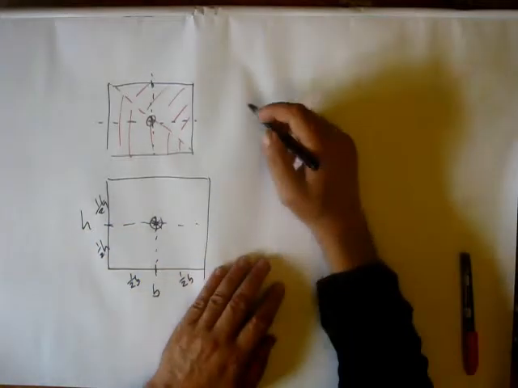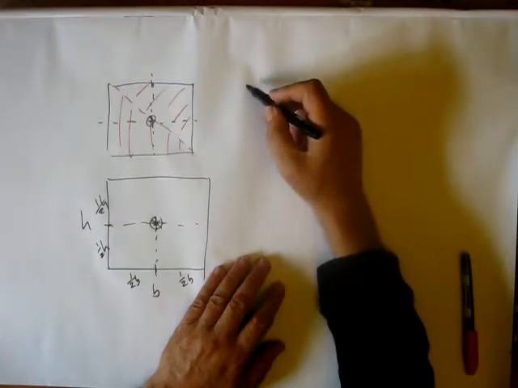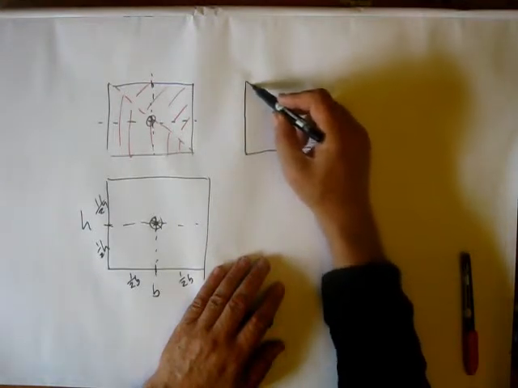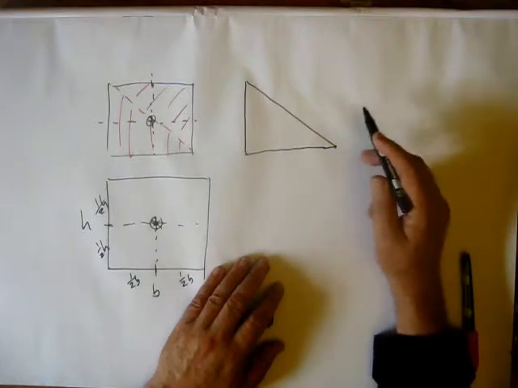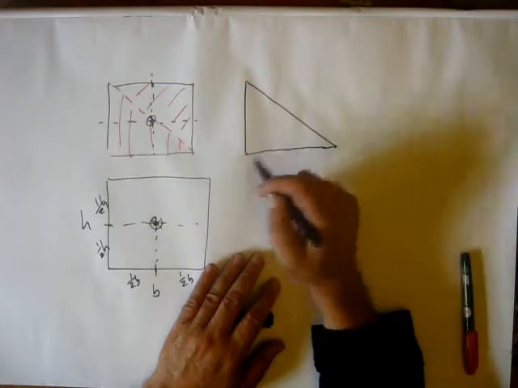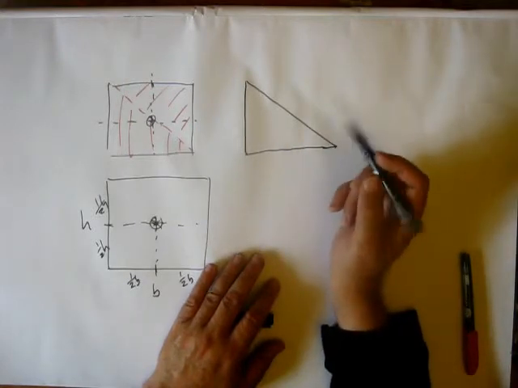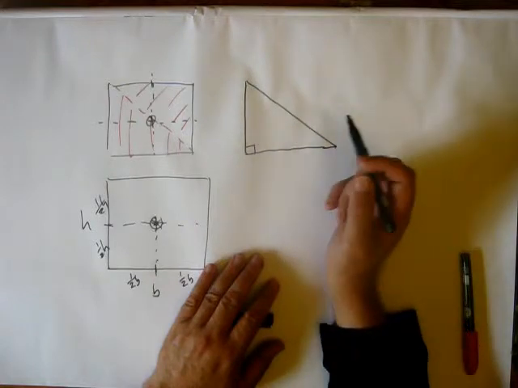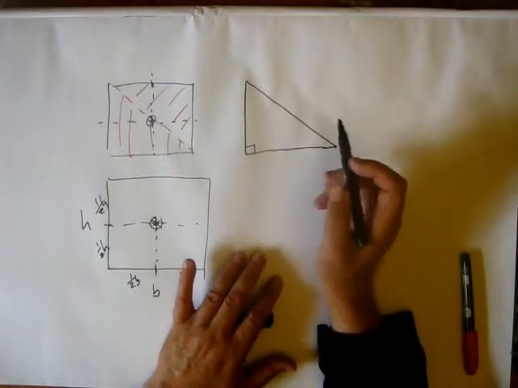Another common shape that we will use when we're doing centroids is the triangle. And we'll try and break everything up into triangles and rectangles if we can. Especially for a right angle triangle, we break it up into right angles if we can.